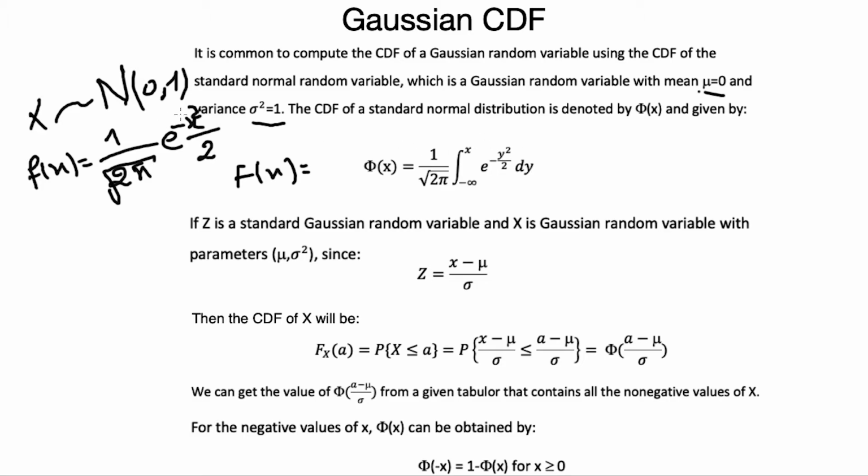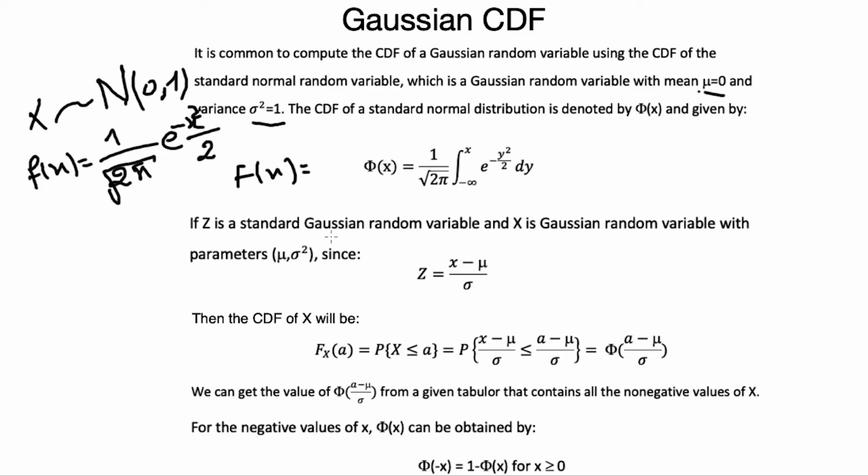We use y here just so we don't confuse you with x here and x here. This is phi(x), the CDF of the standard normal random variable, and we will see how to use it to get the CDF of any Gaussian random variable.